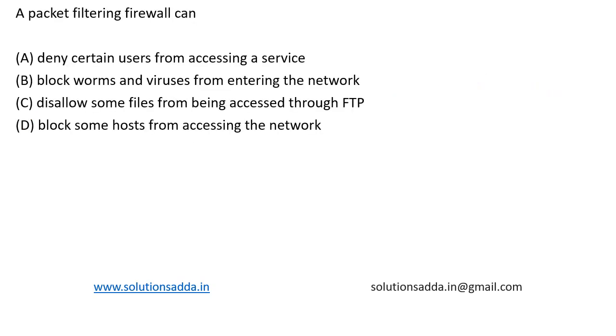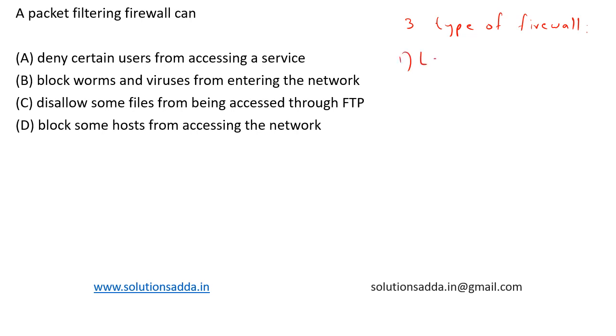This is a question from network security. A packet filtering firewall can deny certain users from accessing a service, block worms and viruses from entering the network, disallow some files from being accessed through FTP, block some hosts from accessing the network. So, there are three types of firewall. This is the usual classification.